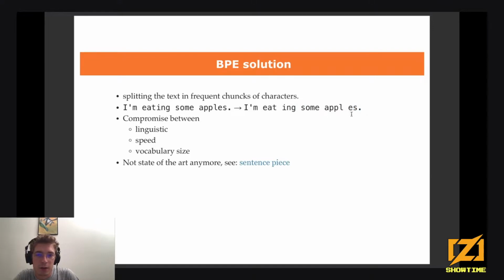The underlying theoretical flaw is that byte pair encoding is only using raw counts of patterns instead of pointwise mutual information. So I can come back to this if you're interested.